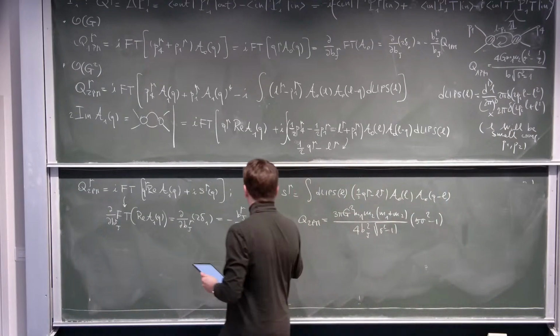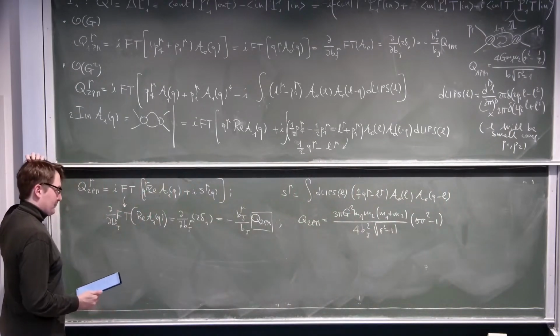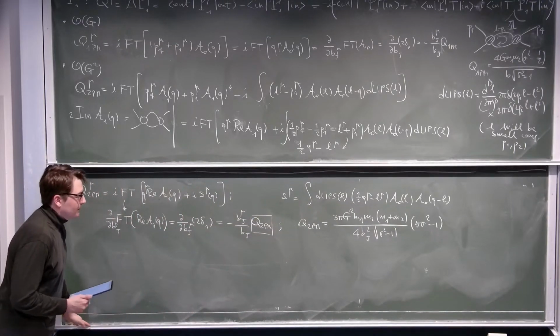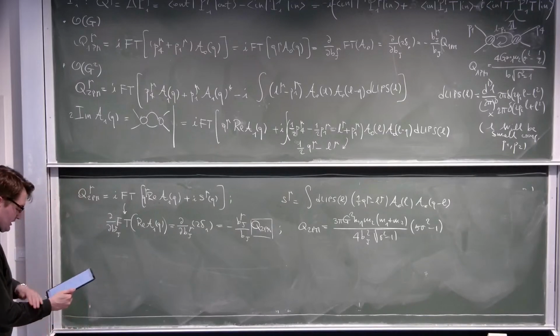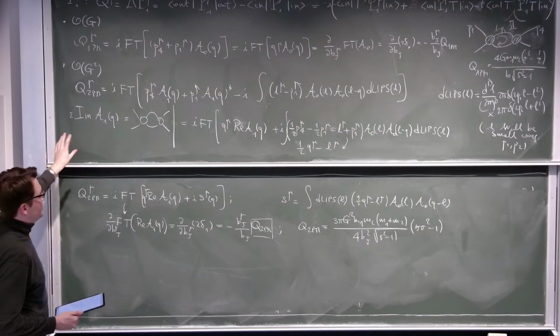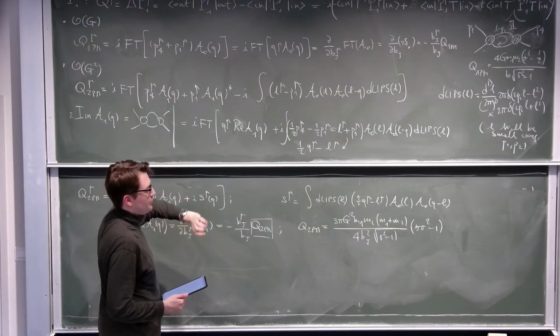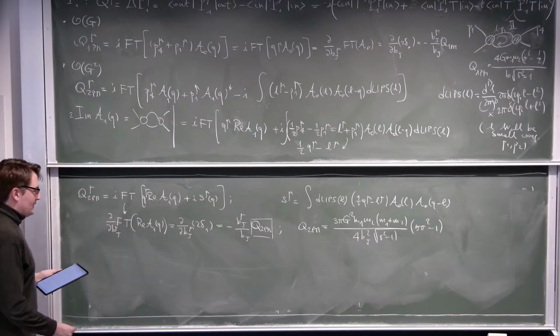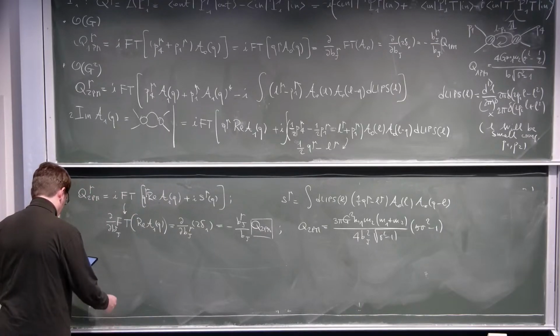Okay. Now what about this additional piece, right? This guy with S. So for this piece we can try to play a game similar to the one we played last time, taking the Fourier transform of the convolution and trying to rewrite it as the product of two Fourier transforms. So let's see how that goes.